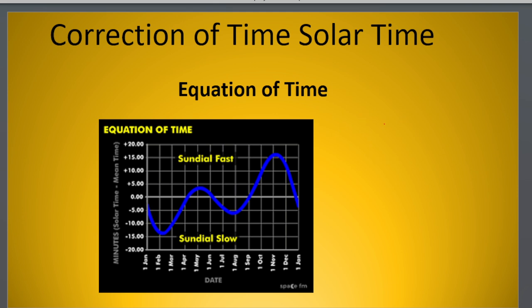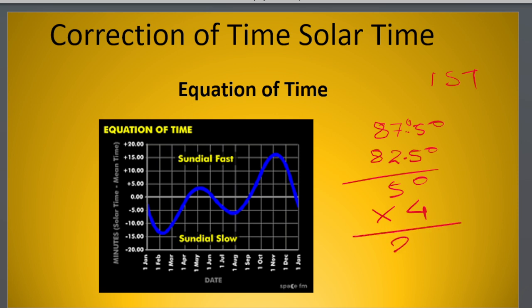Where I live, the longitude is about 87 degrees, and the Indian Standard Time meridian is around 82.5 degrees. Suppose we take 87.5, so the difference is almost 5 degrees. As I live east of the Indian Standard Time meridian, you multiply this by 4, since each degree is 4 minutes, so this is about 20 minutes.